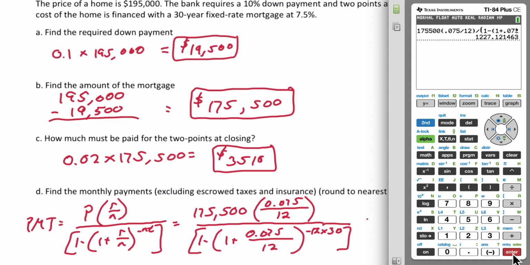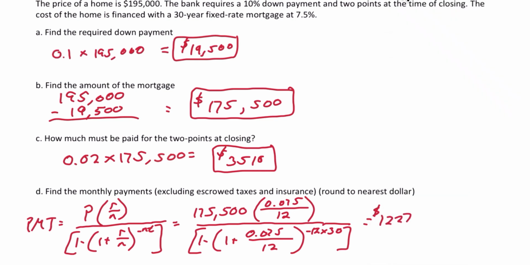Again, we'll round to the nearest dollar. $1,227 is our monthly payment for this house.